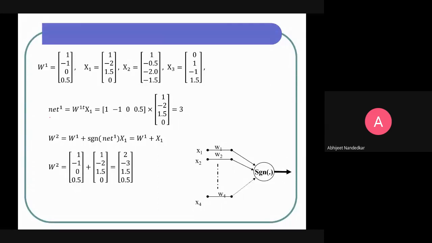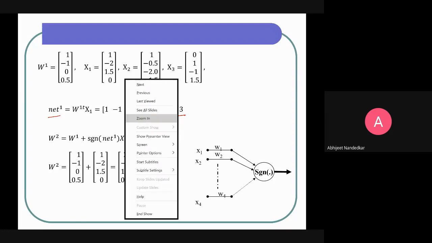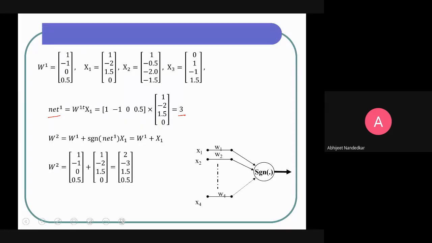So net 1 is 3 and the corresponding output is plus 1.